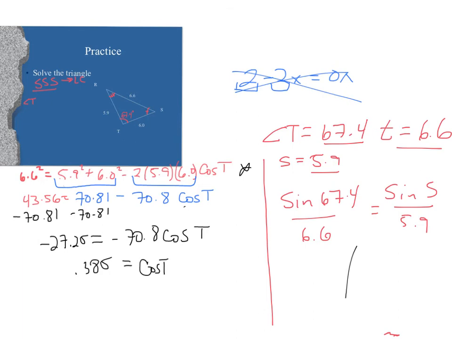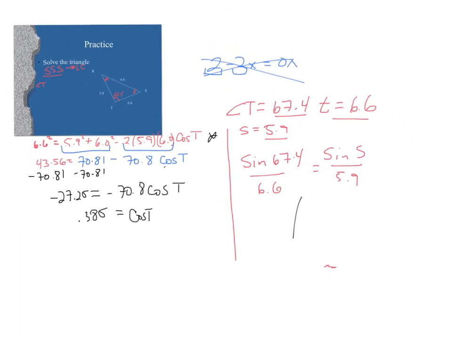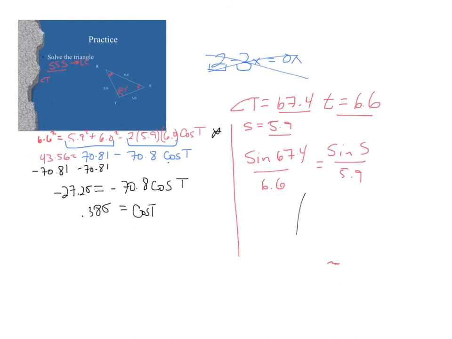I cross multiply, so I'm going to get 5.9 times sine of 67.4 is equal to 6.6 times sine of S. When I divide it out and multiply it, I get sine of S is 0.825.